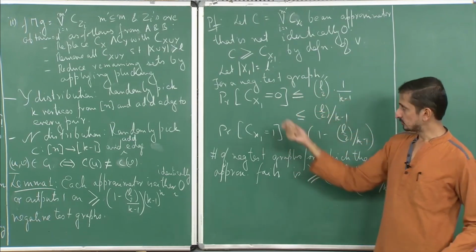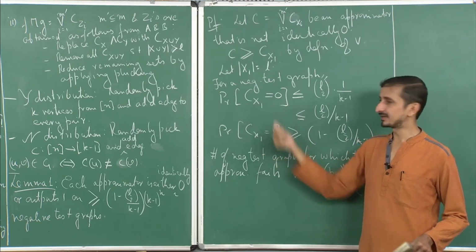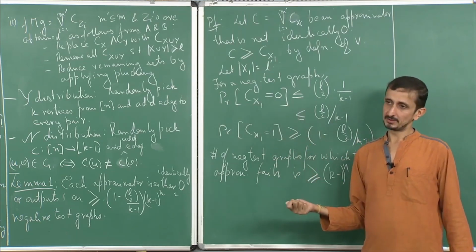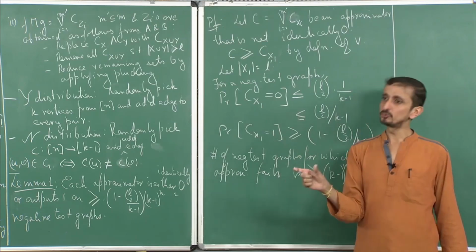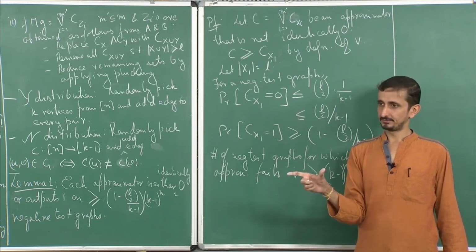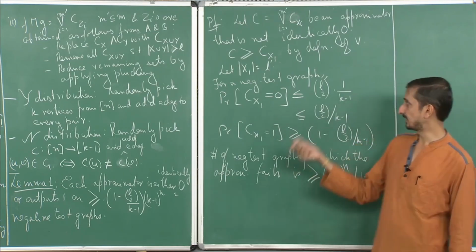So what do you mean by Cx1 equal to 0? It means that x1 does not form a clique. When does x1 not form a clique? If there exist two vertices which have the same color. That means there is no edge between them, right? What is the probability that there exist two vertices which have the same color?